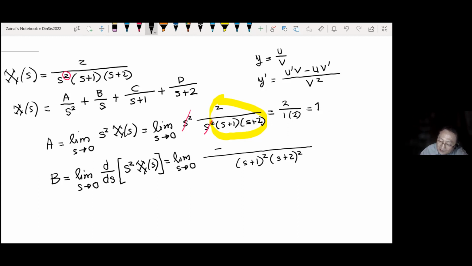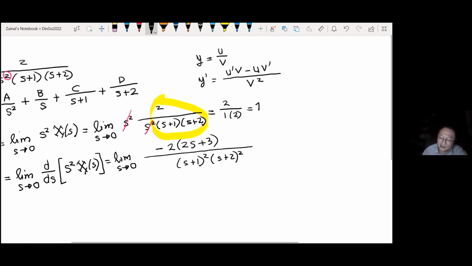So what you have is minus 2 multiplied by the derivative, 2S plus 3, something like this. Substitute S equal to 0.